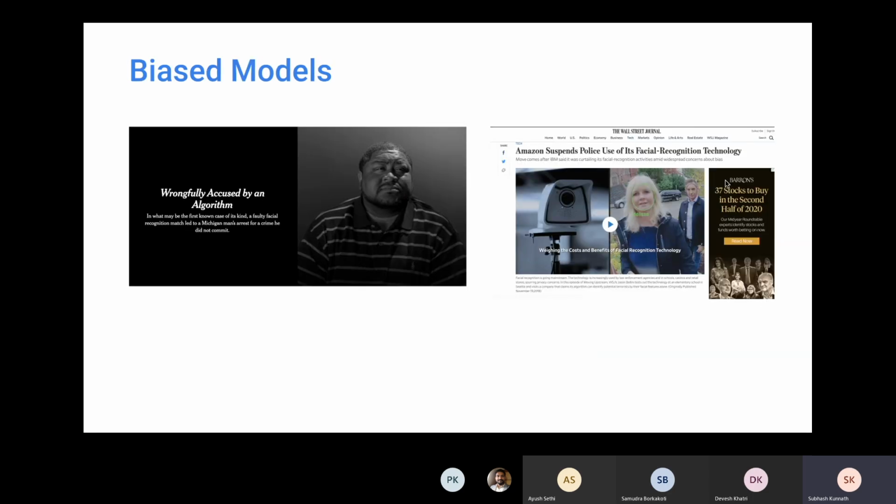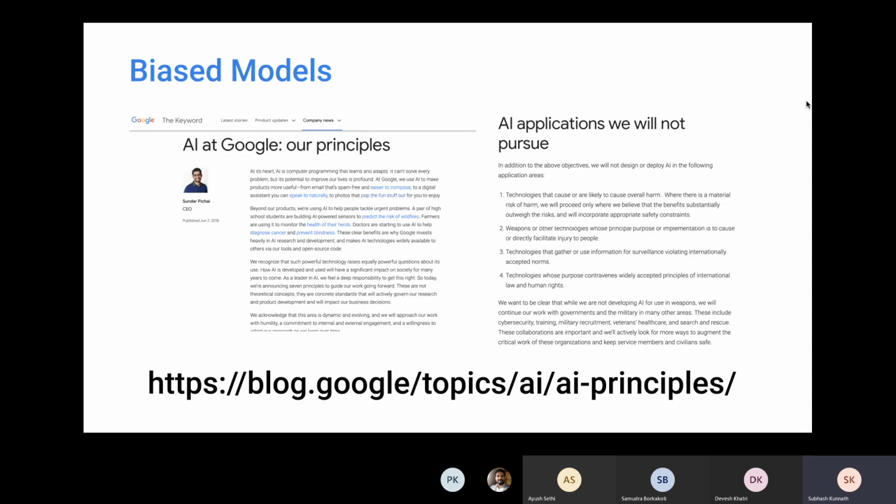And recently there was news of a person being arrested based on a machine learning algorithm's prediction, a face recognition algorithm gone wrong. That triggered discussion on different levels, and Amazon suspended police use of facial recognition technology, IBM also dropped their facial recognition activities, and Google has released some guidelines on where they will use their AI technologies.